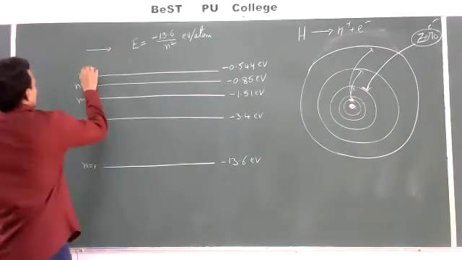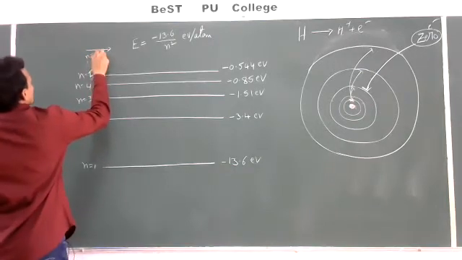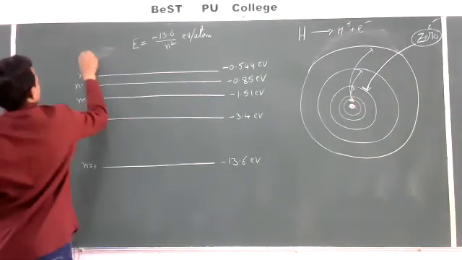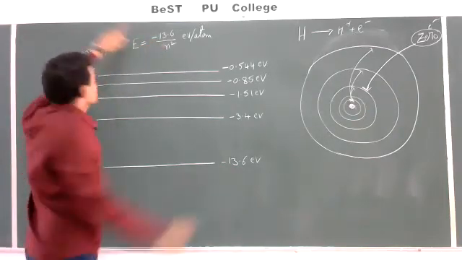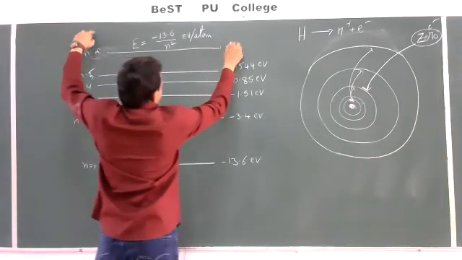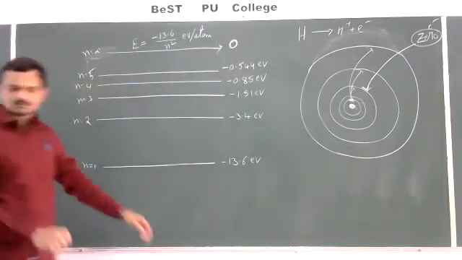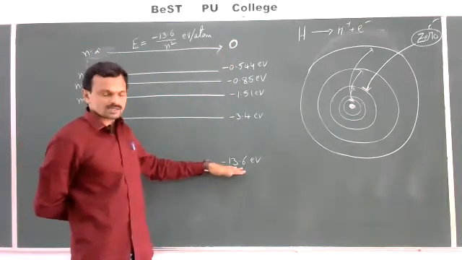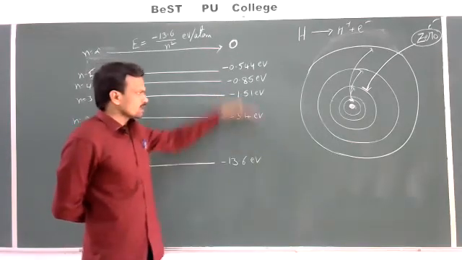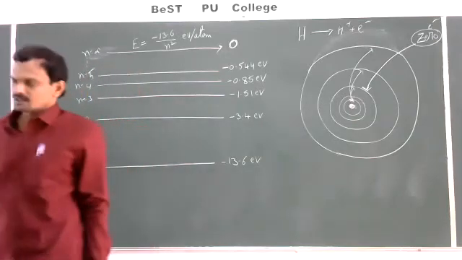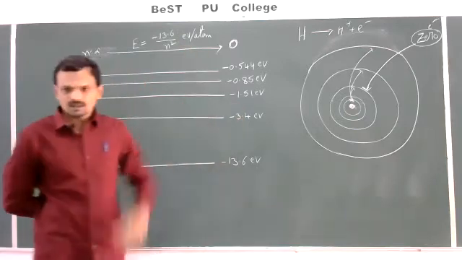And so on. If n is equal to infinity, something divided by infinity, so here the energy becomes equal to 0. Now see, minus 13.6, minus 3.4, minus 1.51. With the negative sign, the value decreasing means the numerical value is increased.